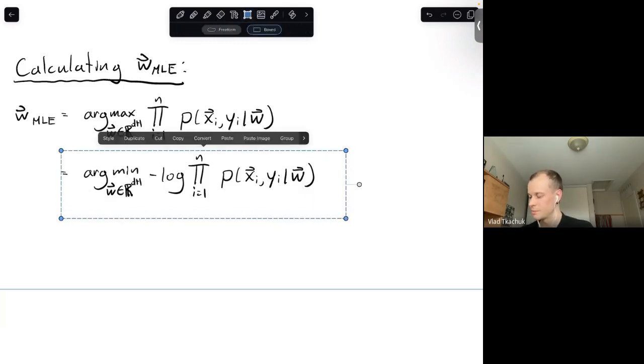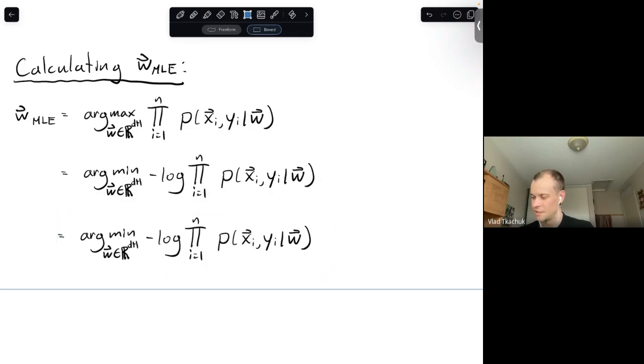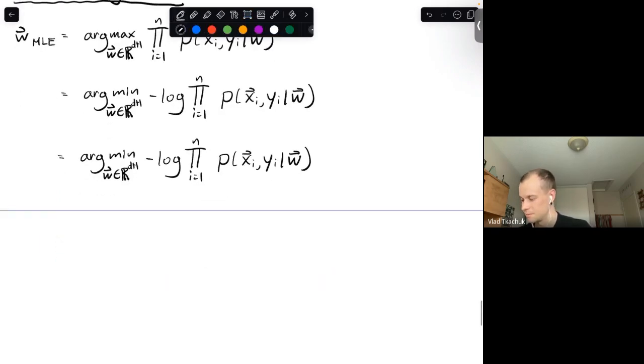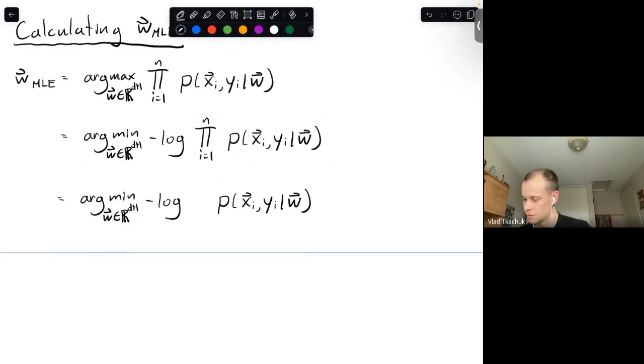Then I'm going to pop the logarithm inside the product and change the product to a sum. Maybe I should also put brackets so there's no confusion. This logarithm is applied to everything here. Then I take the logarithm, move it inside. Now it's applied to individual terms, and you have a sum outside.